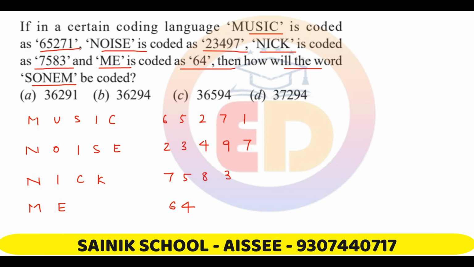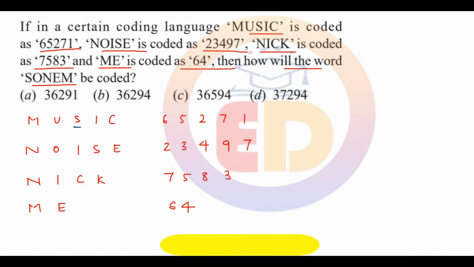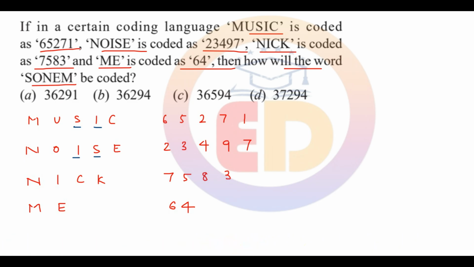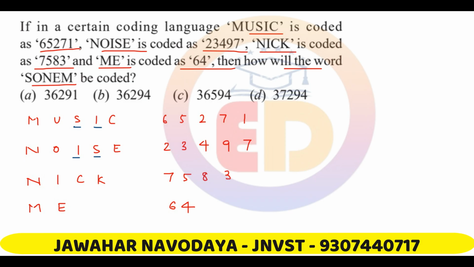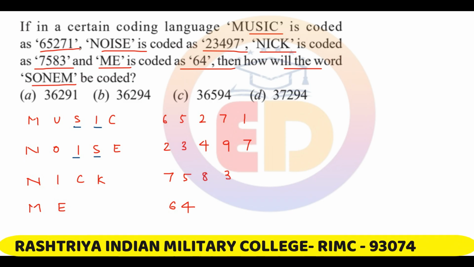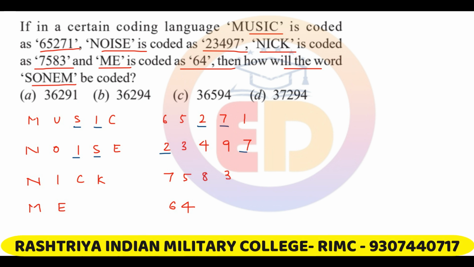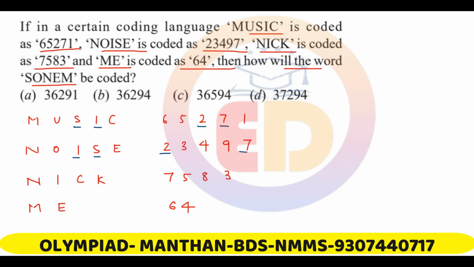If you see the first and the second word, S and I are common, and the common numbers are 2 and 7. It means the code for S and I are either 2 or 7. We cannot say with 100% assurance.